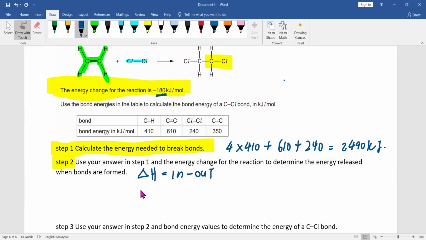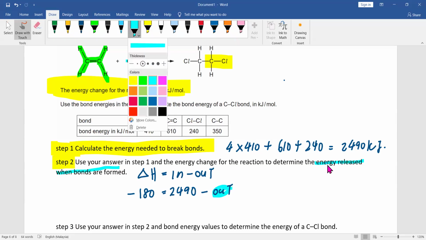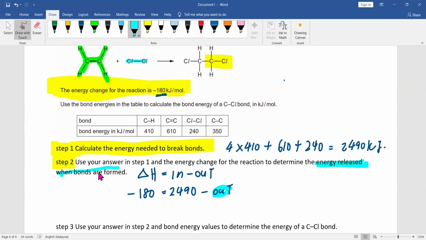How do you know that? It's given in the question. In is 2490 minus out, which is what you're looking for. The question is asking you energy released when bonds are formed. That is energy out. Remember I told you? I'm too lazy to write so much. So energy released when bonds are formed is energy out.